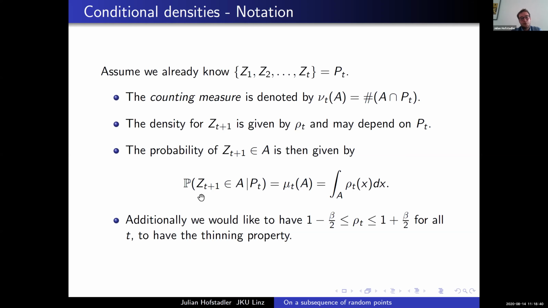So the probability that set t plus 1 falls into some set A, given the already known points set 1 to set t, is denoted by mu t of A, and it just comes from the density as one would expect it does. And additionally, I just told you thinning is a good idea. So additionally, we would like to have the inequalities which allow to use the lemma I just presented you.